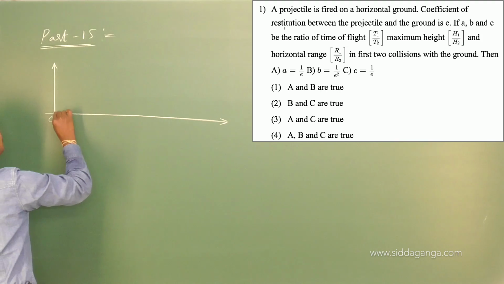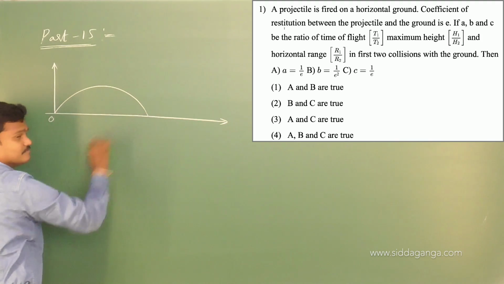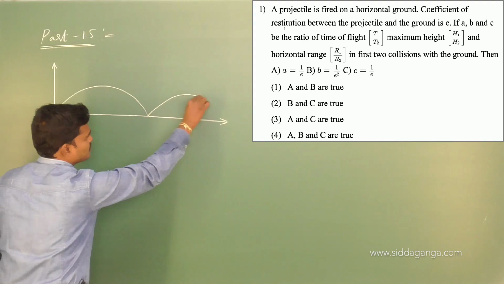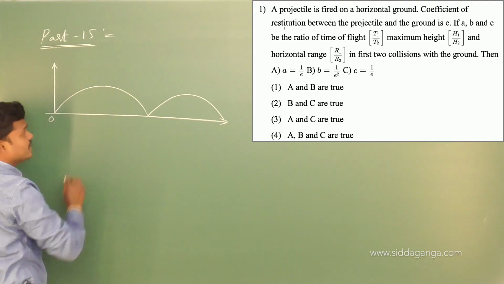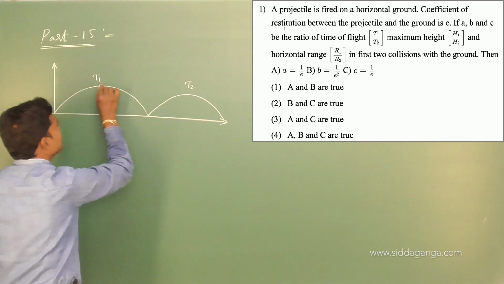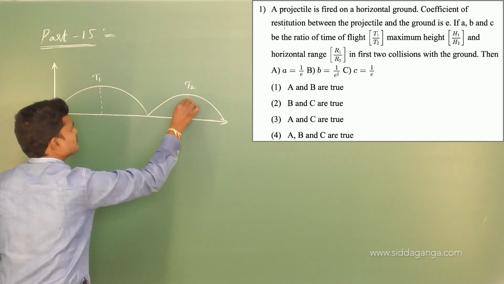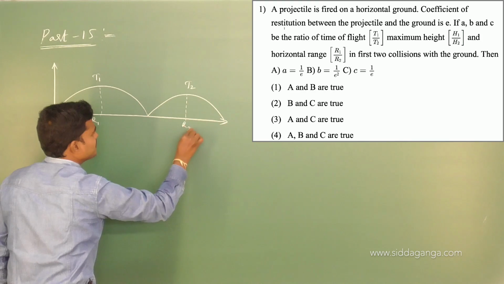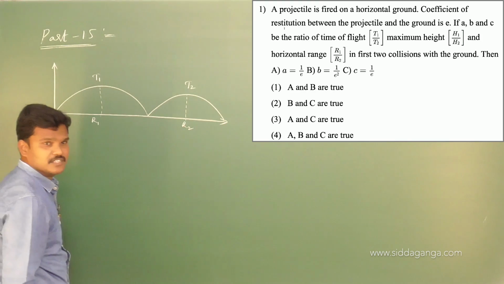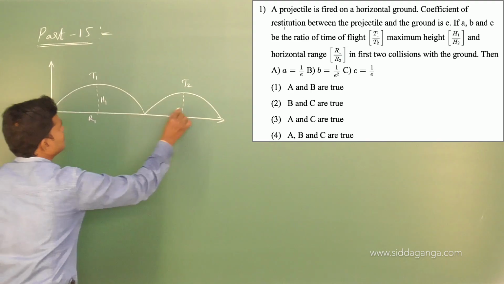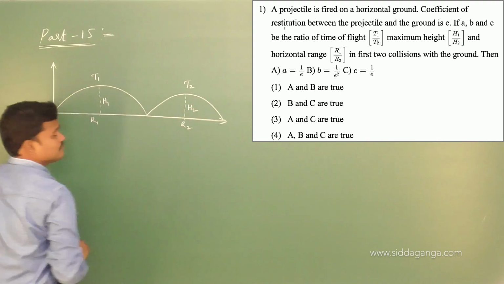The projectile is fired like this, and this is the first collision, and this is the next one. The time taken by this one is t1 and this one is t2. Let me verify all the things. And this is the range. The same concept was already covered in the last video classes. So t1, t2, and this one is h1, h2.